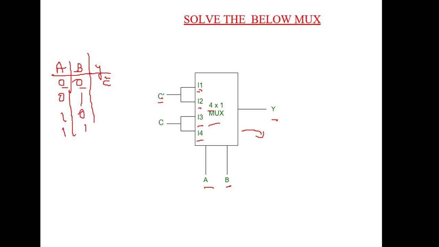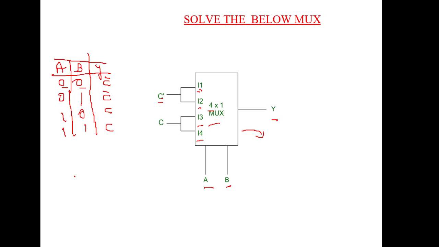When 0 1, I2 is selected and here C bar is given. When AB is 1 0, I3 is selected, given as C. And I4 is for 1 1, given as C. This is how the truth table is formed.